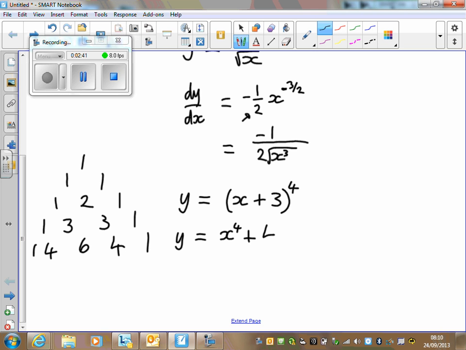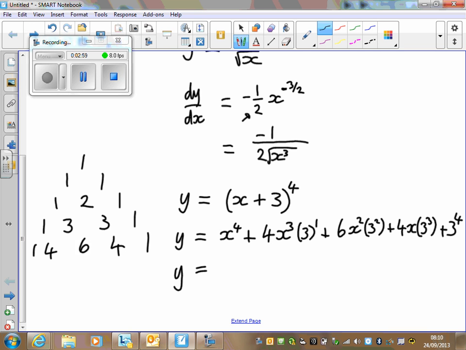So it'll be plus 4 lots of x cubed multiplied by 3 to the power of 1. Remember this? Yeah, you do. Then it'll be 3 squared, plus 4 lots of x times 3 cubed, plus 3 to the 4.